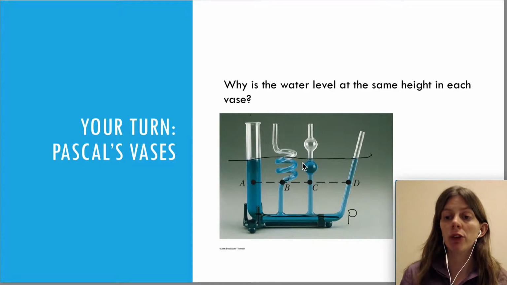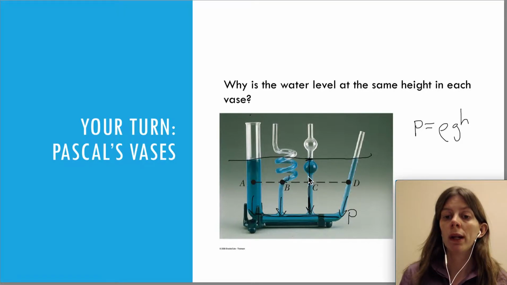The pressure is due to the weight of the fluid above, and what matters is the height of that fluid, because the pressure due to the weight of a fluid is rho g h. So you can see that they have to have the same height in order to exert the same amount of pressure at the bottom.